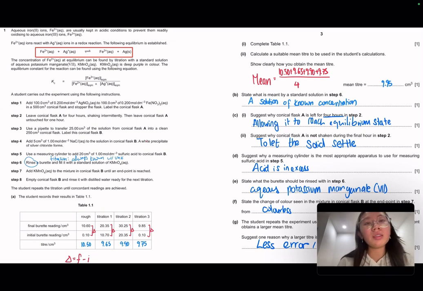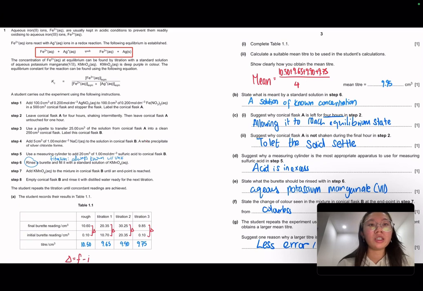Alright. Of aqueous potassium manganate 7 or KMnO4. KMnO4 is purple in color. The equilibrium constant for the reaction can be found using the following equation. So the equation looks like it might be used later on. They'll probably ask about it.